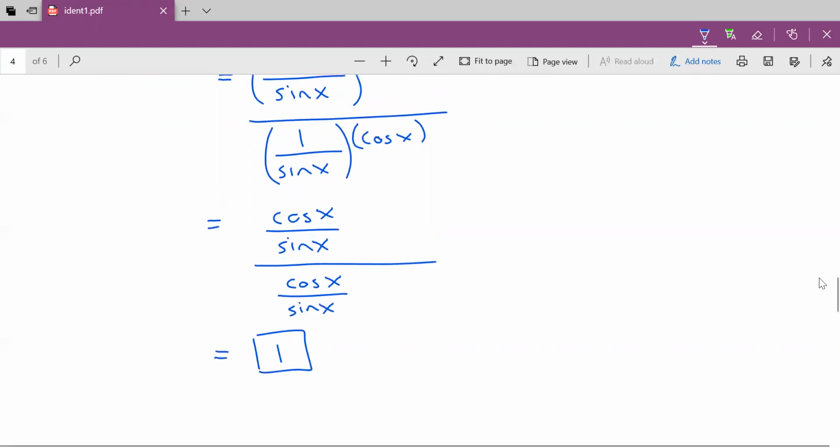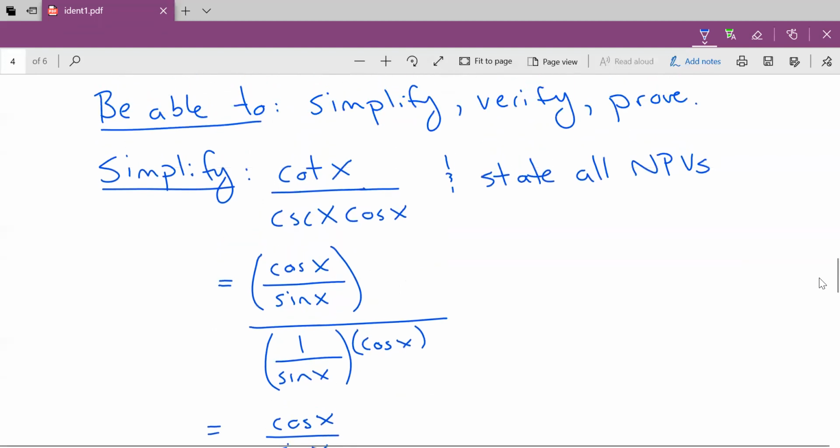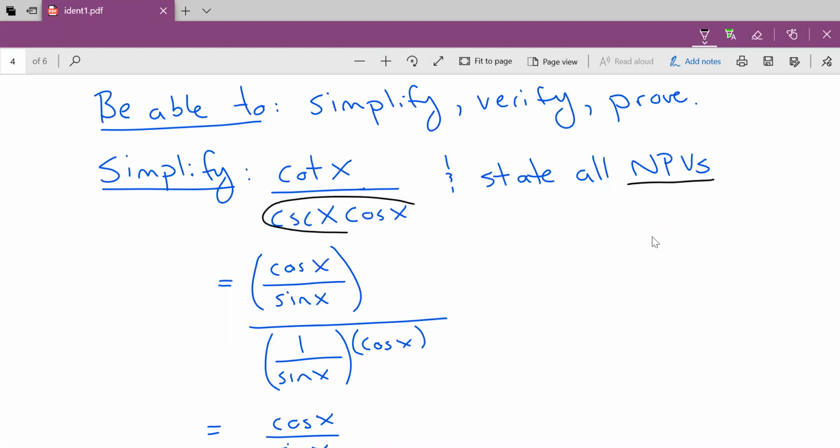The other part of this question said, state all non-permissible values. Well, where is this function undefined? Well, I definitely need to look here because I need to be worried about division by 0, but I'm also going to look here, right? Because cotangent's cos over sine.